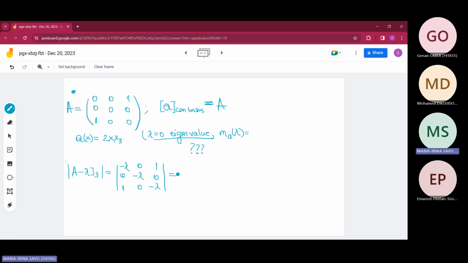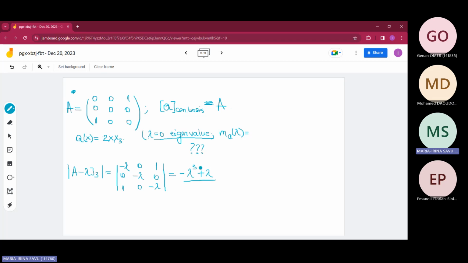And you will have minus lambda squared from here, plus 0 plus 0 minus plus lambda, right?